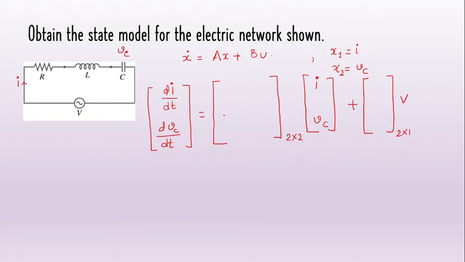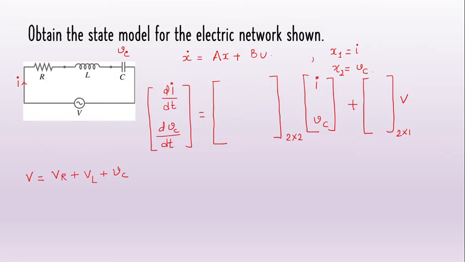Now for that, what we have to do? We have to get the equations associated with this system. So how we will write the equation? We know that our voltage V is VR plus VL plus VC.